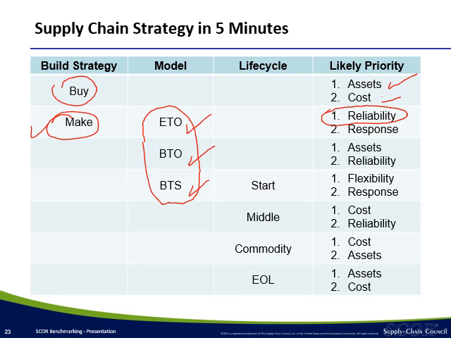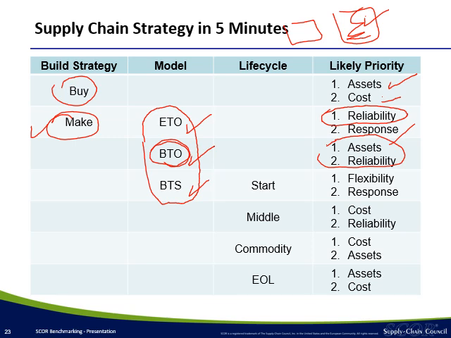If you build to order, sometimes you have orders to produce and sometimes you don't. So sometimes you're busy, sometimes you're not busy. So we want to focus on utilization of our units. We don't want to sometimes be empty and sometimes be very busy.